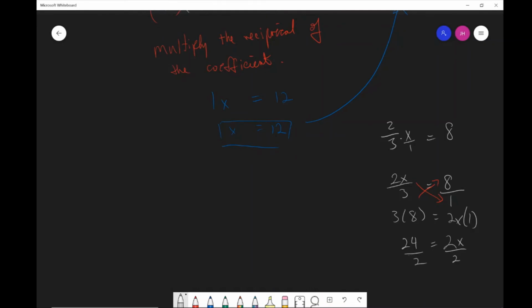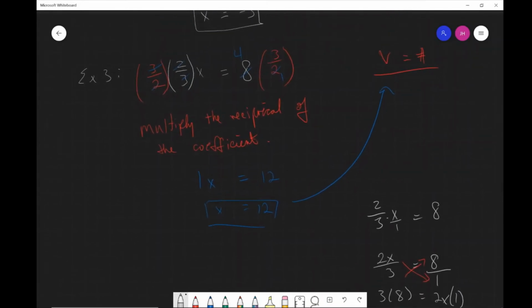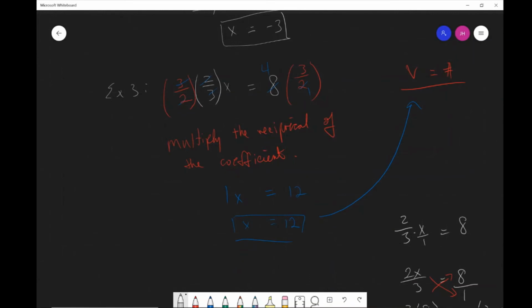Divide by 2 on both sides. You have x equal to 12. So both ways will work, but at this point, I want you to try to focus on multiplying the reciprocal of the coefficients to find x.